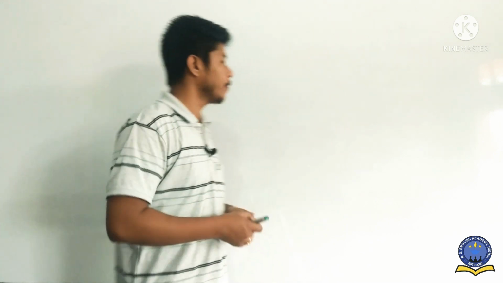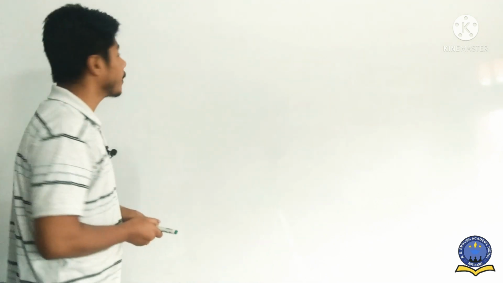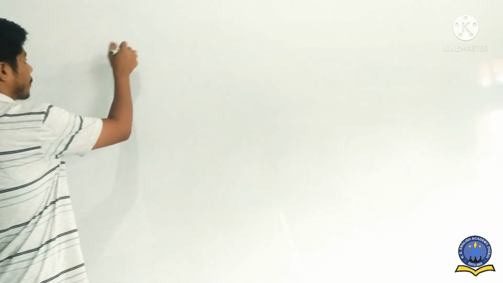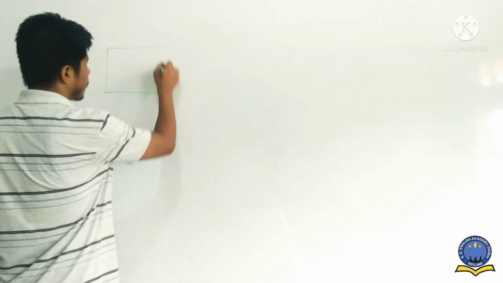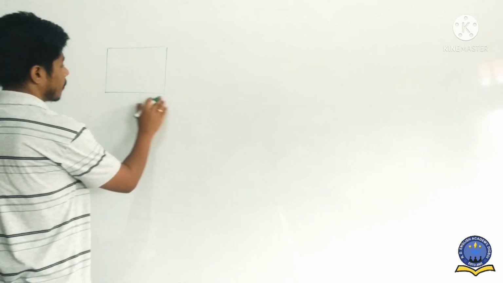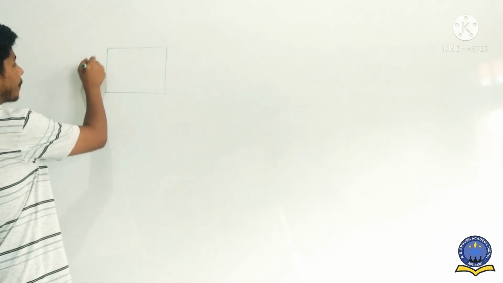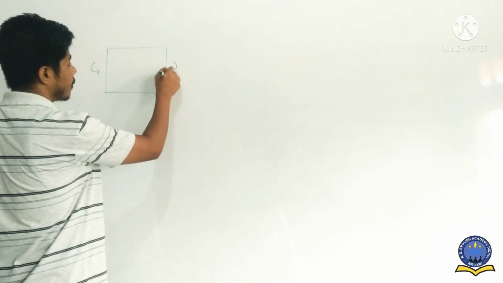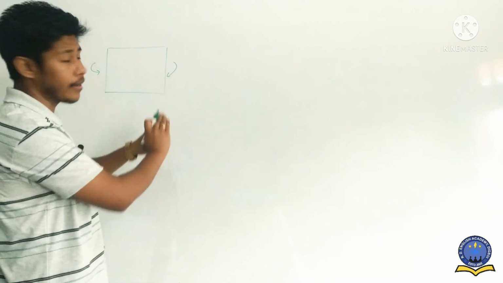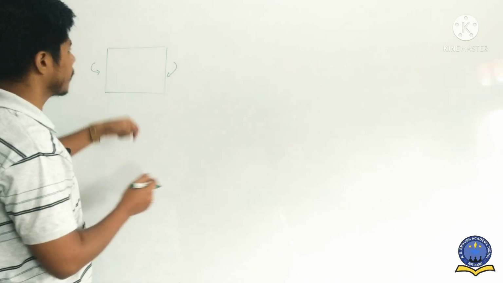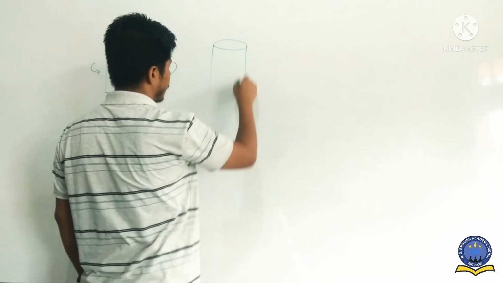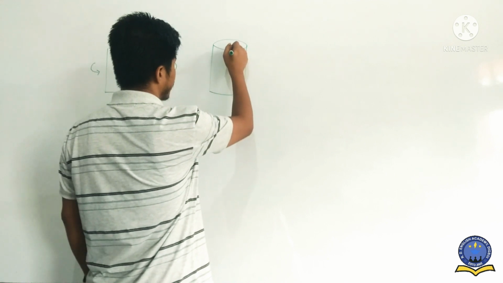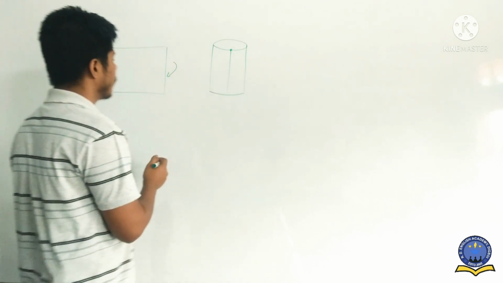Okay. Next, we discuss how to find the surface area. For this, first of all, consider a rectangular sheet of paper. If we fold it from both sides like this, we get this type of diagram.